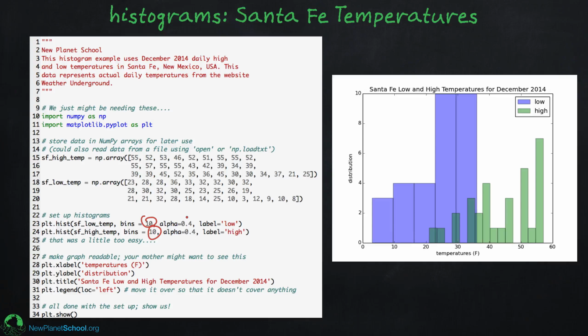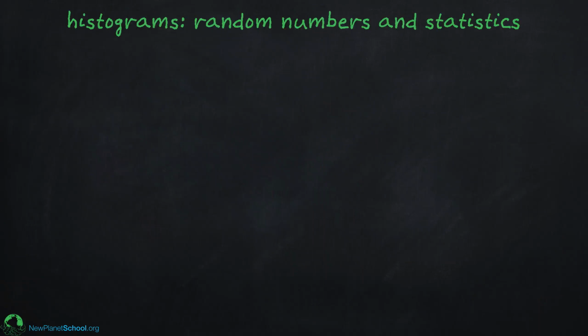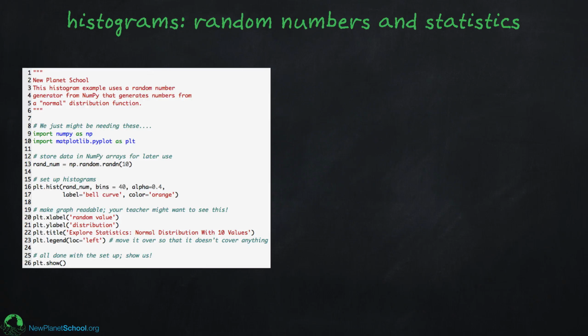But before we leave histograms, I want to talk about another example, which is just looking at distributions of random numbers, because this is really important when you're doing statistics or learning about statistics or learning about random numbers. I want to give a quick example on that, which uses this NumPy command called randn.